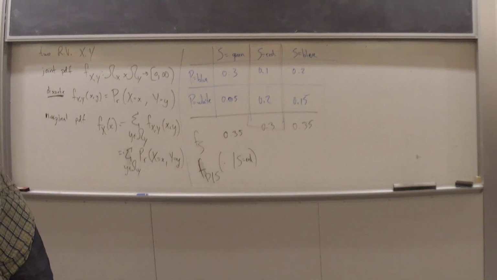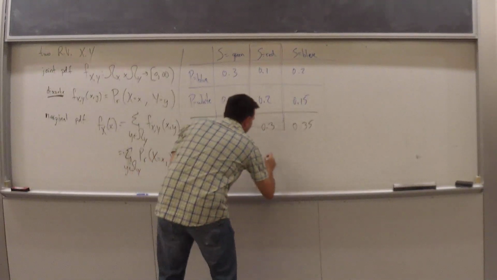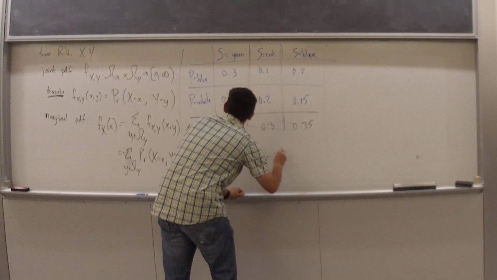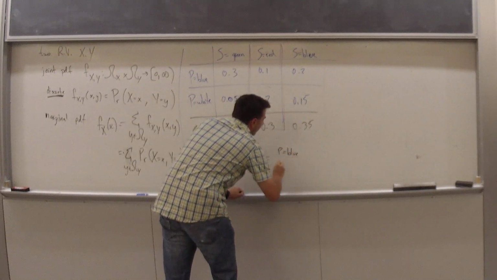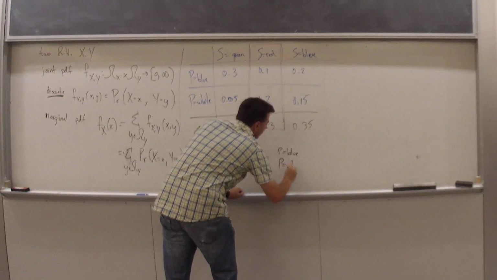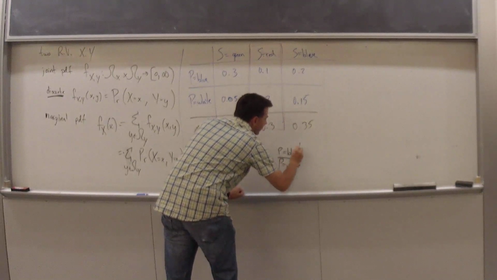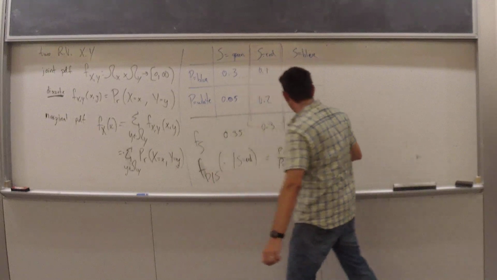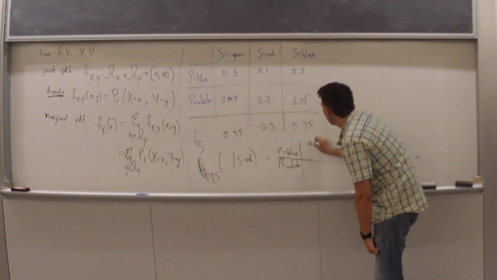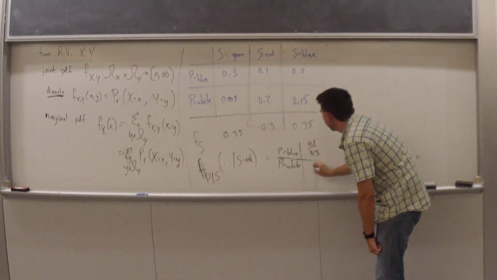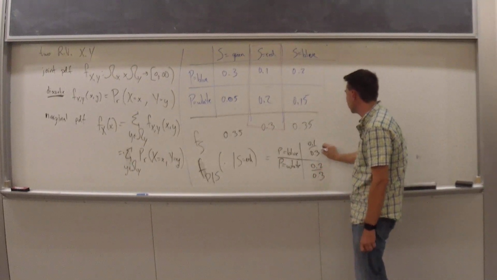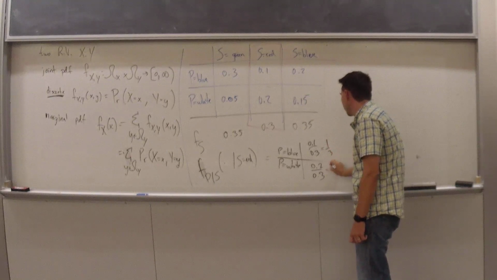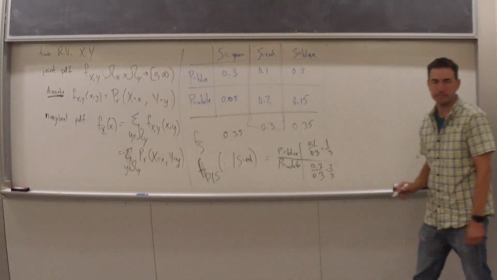So now this is going to be equal to another table where I have pants equals blue and pants equals white. This is going to be 0.1 divided by 0.3, and this is 0.2 divided by 0.3, which is 1/3 and 2/3.